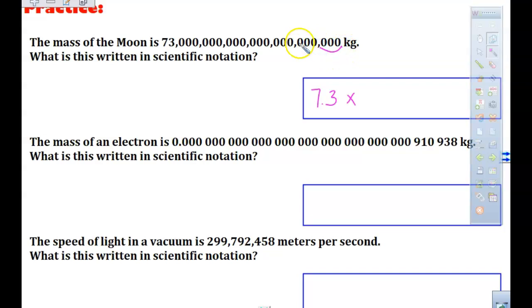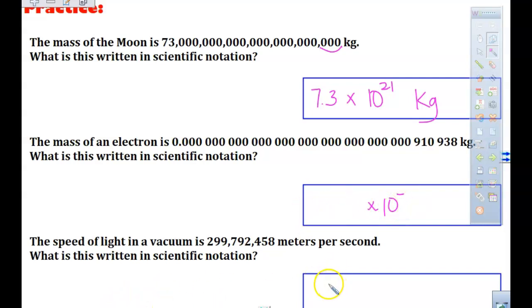So 3, 6, 9, 12, 15, 18, 21. Huge number times 10 to the 21. Please make sure you write kilograms. Here again, notice we put them in groups of 3, which means it's going to be times 10 to a negative power. Count the zeros.